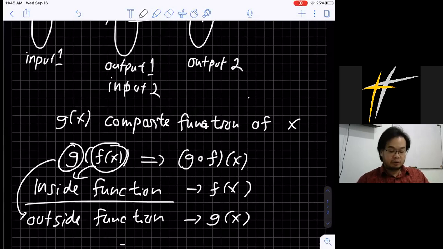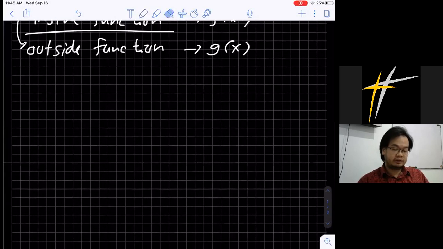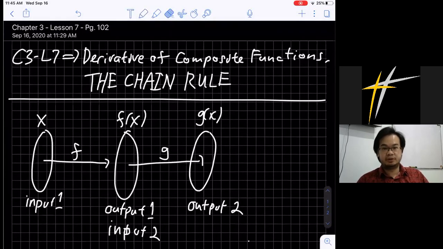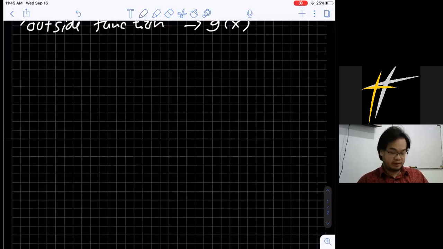Now, in today's lesson, we're gonna learn about the derivative of composite functions. How can we find the derivative of a composite function easily? Later on, we will use the rule that is called the chain rule. Let me give you an example of a composite function.